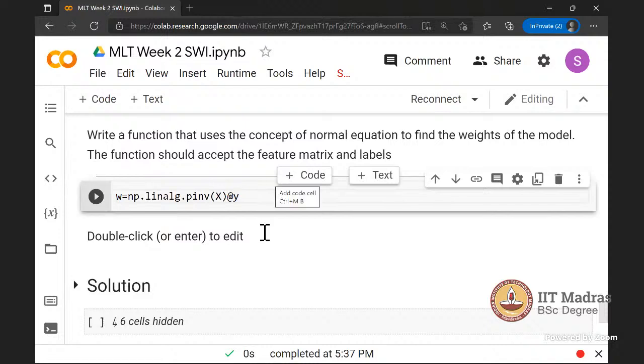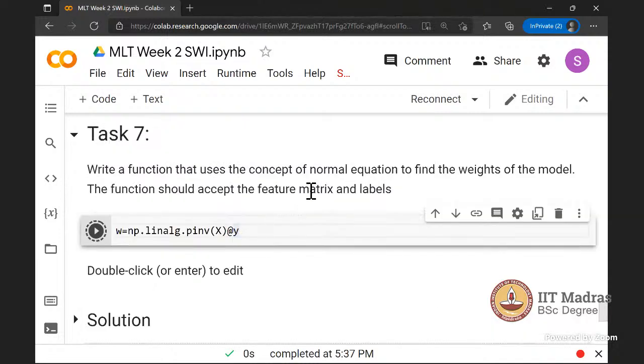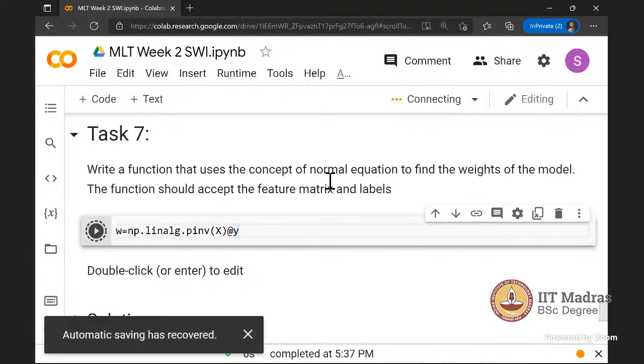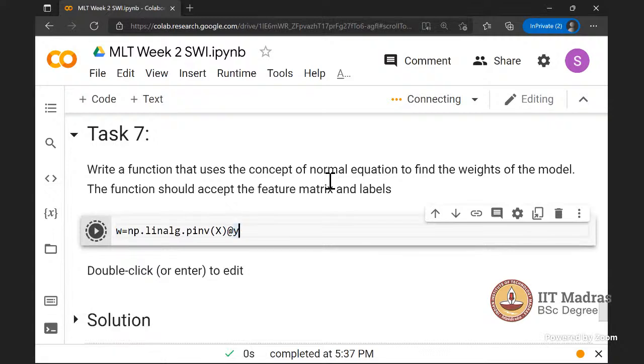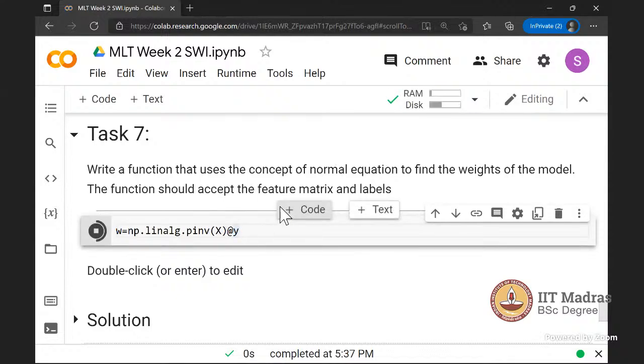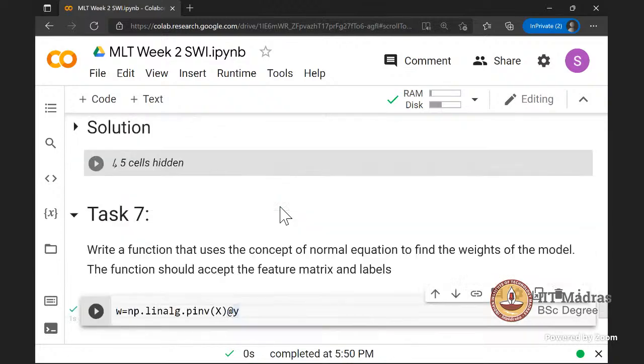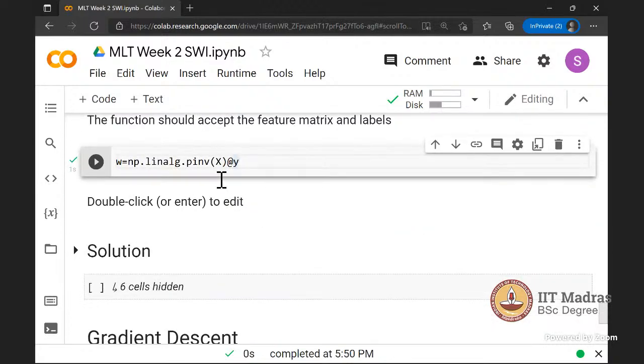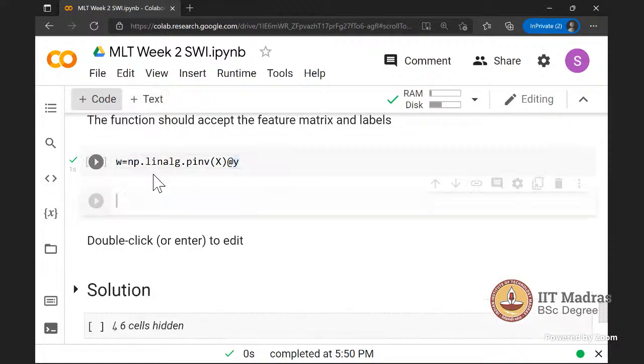Yes, sir. Okay, let's execute it. It is taking so much time because I had disconnected from the runtime, so it might even produce errors. Yeah, I think you need to run all. Oh, it did not produce any error. Let's see what W is coming up with.